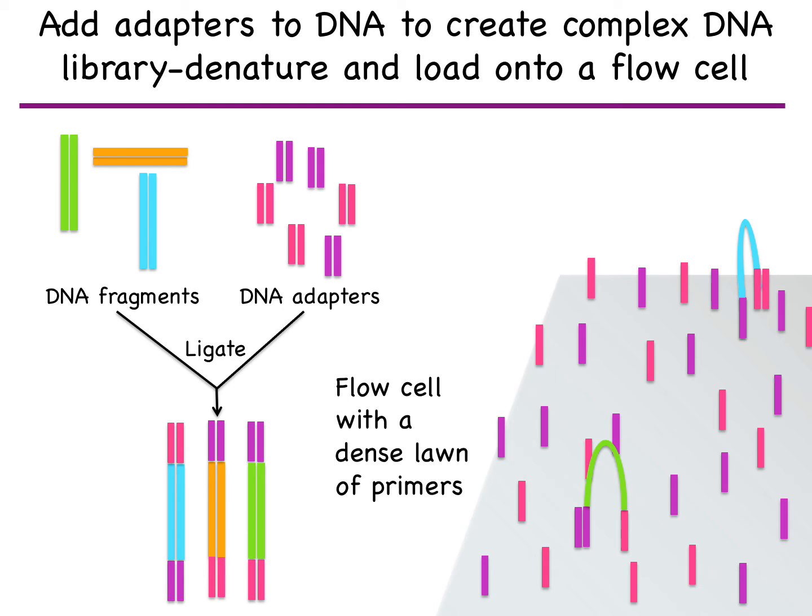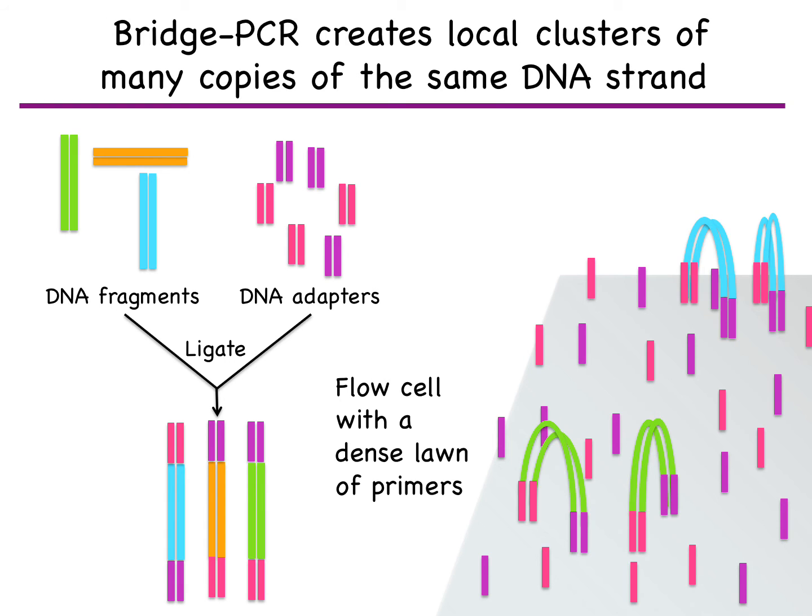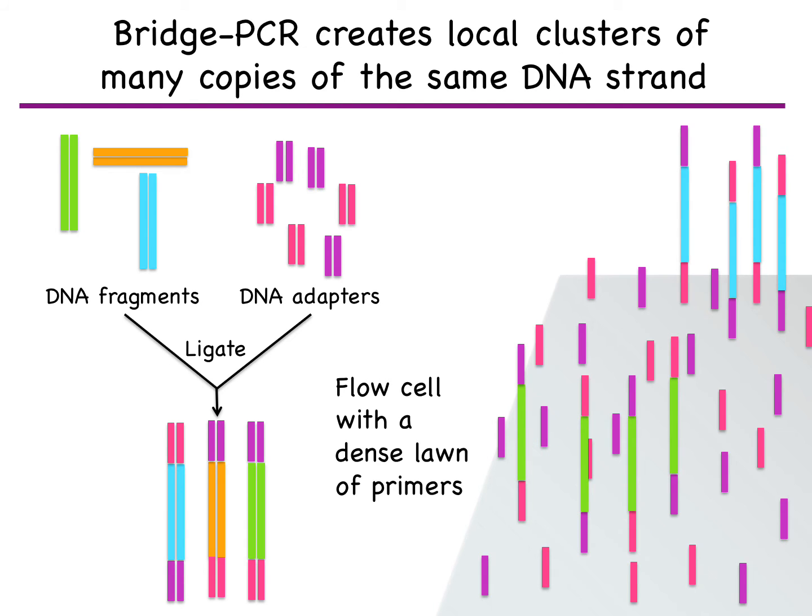So they base pair with their complementary sequences, then you add the building blocks for DNA synthesis again, the four nucleotides and DNA polymerase, and you'll make a complementary sequence to that, using that primer as the starting point for DNA synthesis. And then you just keep repeating this process. You'll flow some nucleotides onto the flow cell again. These will bend over. You'll make new strands. You flow on the nucleotides again and the DNA polymerase.